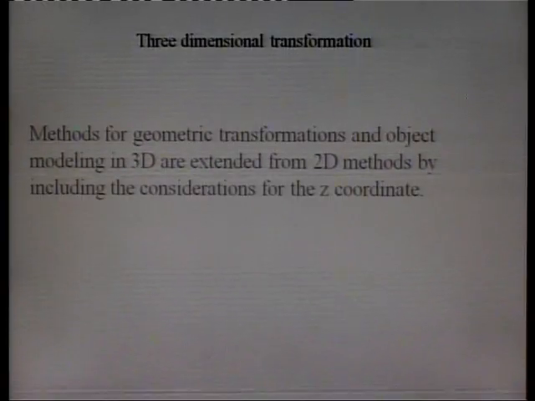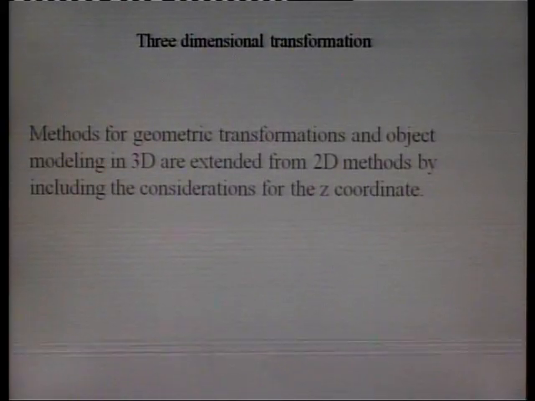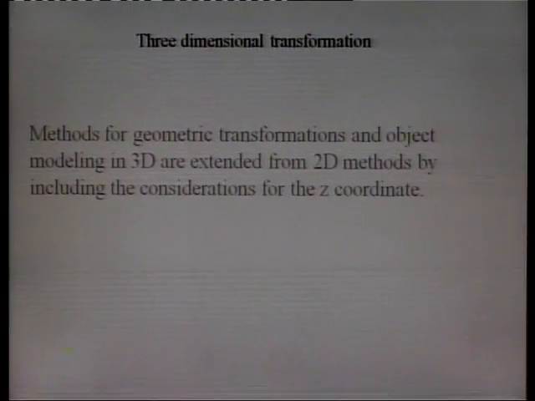Basically, in two-dimensional transformation, we have only two coordinates, either x or y or any two coordinates. So we cannot clearly identify the exact position and shape of our object. So in three-dimensional transformation, we have to use a three-coordinate system.